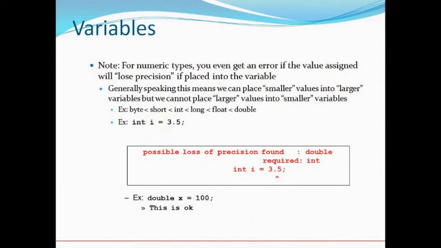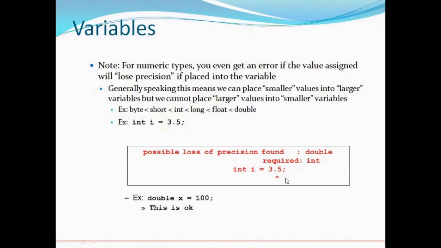Suppose you're talking about numerical data types like float, double, long, short, int or byte. You can assign a value of a smaller data type to a variable of a bigger type on the left side of the equal sign. In this example, 3.5 is actually a double.